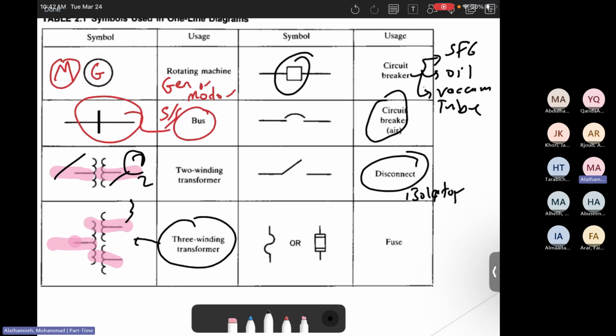The isolators provide a clear visual that the power is out. Then the last one is the fuse that is used to protect many equipments, for example the transformers. The fuse will detect if there is a high current, and then it will melt. Then you need to replace the fuse with another one, or first solve the issue, realize where the problem is, then replace the fuse with another one, then return the power back.